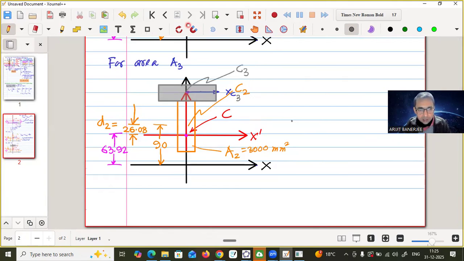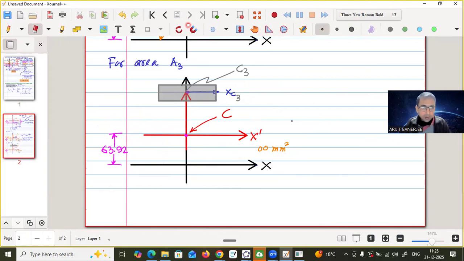So let me delete the earlier ones. Now D2 is no more needed here. Okay. So what is this distance? This is centroid. So what is this distance? 155, isn't it? 155.